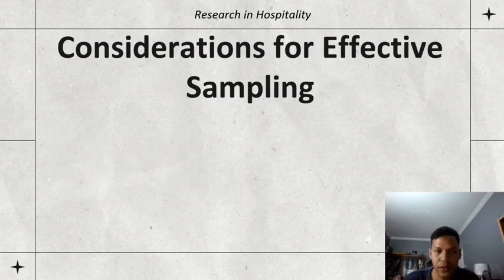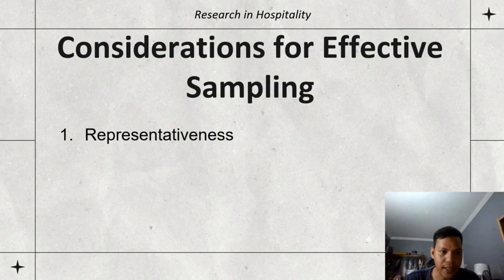Next, we need also to discuss the considerations for effective sampling. I'll give you four considerations for effective sampling. The first one is representativeness. It ensures the sample accurately reflects the characteristics of the population, the whole population of your respondents or people within the research environment.